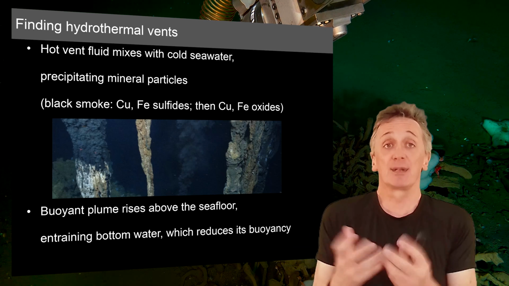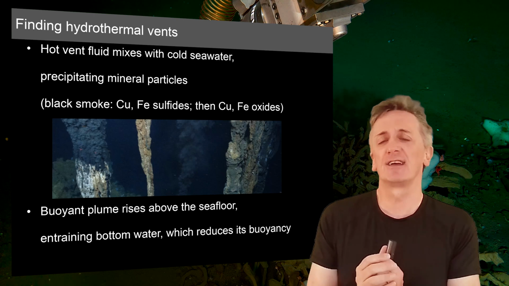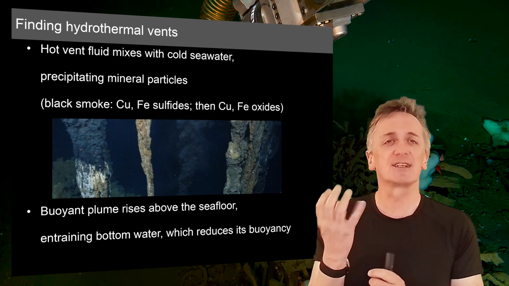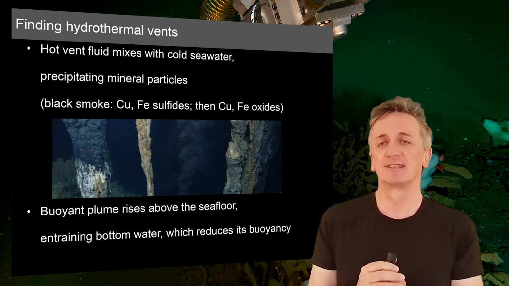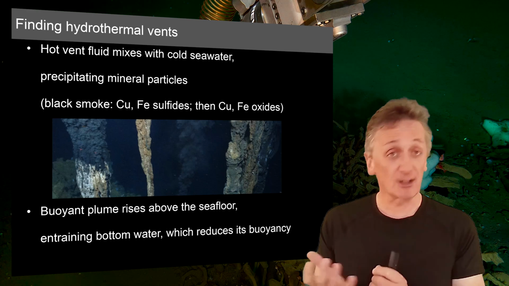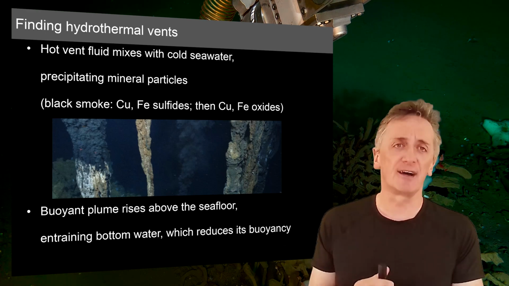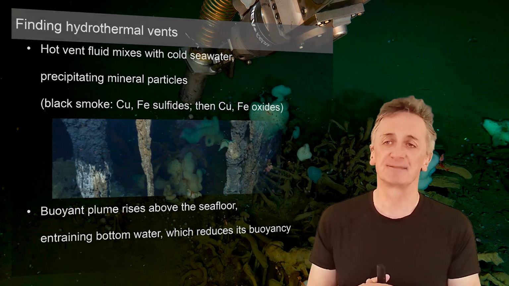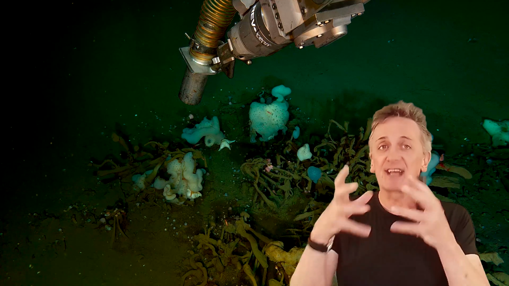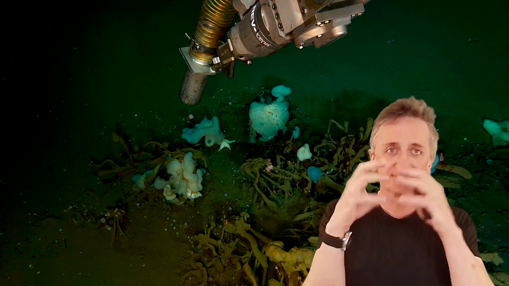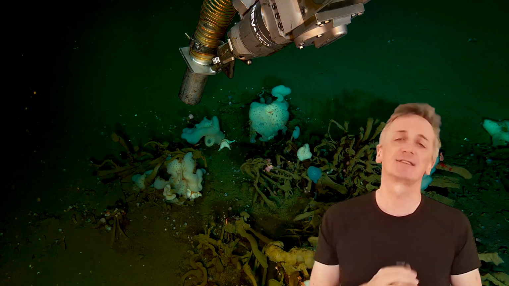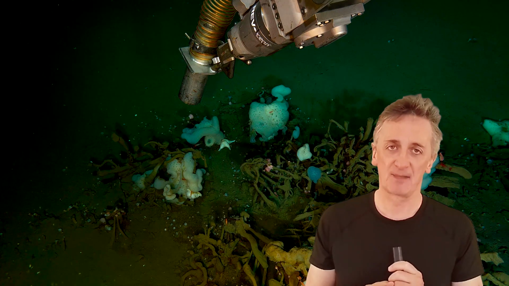So where you see black smoke, that's the high temperature hydrothermal vents. That smoke, those are mineral precipitate particles. Often copper sulfides typically, then iron sulfides, then iron oxyhydroxides. So if we can detect that mineral particle plume, that can help us to find our hydrothermal vents.